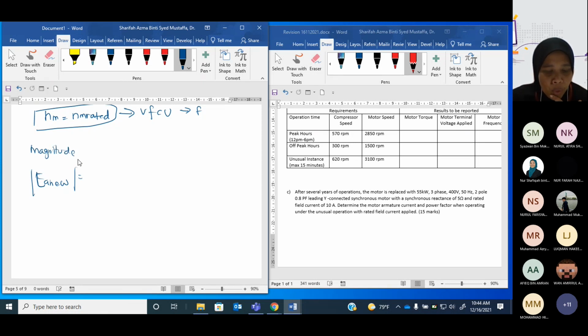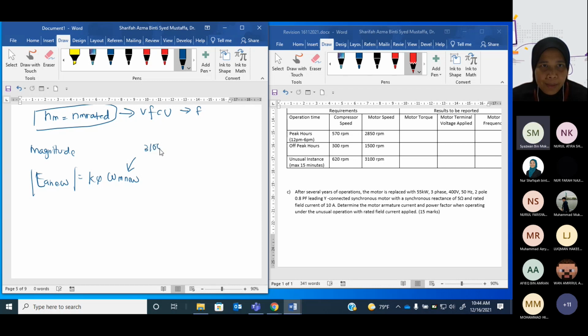Magnitude of EA new will be equal to K flux omega M new. Alright. So this is at new condition. Where is your new condition? One is an unusual instance. So what is your omega M new ni?